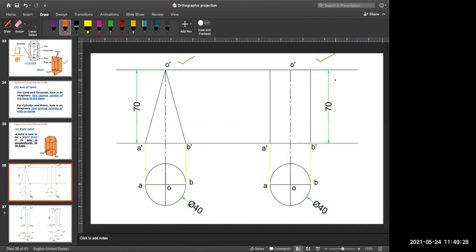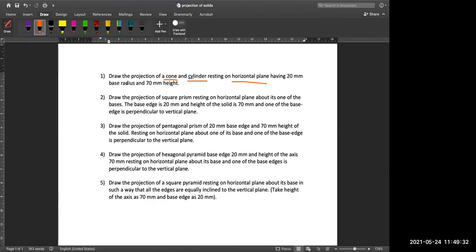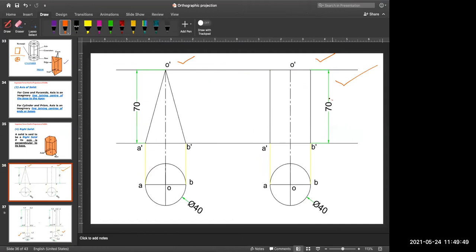In this question, it is written the same thing: draw the projection of a cone and cylinder resting on horizontal plane having 20 base radius and 70 as height. So height is 70, that is what I have drawn over here, and the radius is 20, so diameter will become 40.